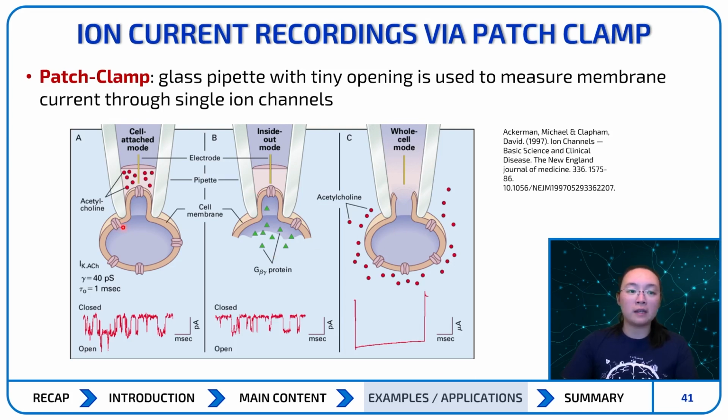Now next, you have the inside-out mode, panel B. After a cell-attached mode is created, what you can do is just rip off the bottom of the membrane, so you have this floating piece, but the ion channel is still here for us to manipulate.